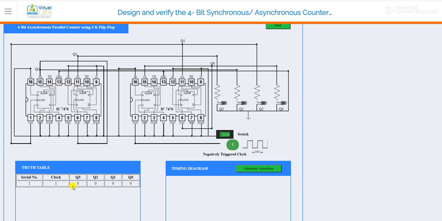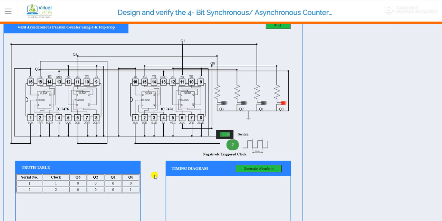So this is basically a sequential circuit, in which on the basis of the clock we will get particular outputs.